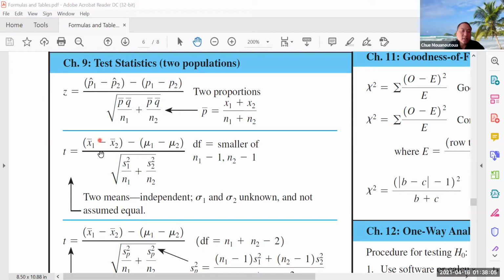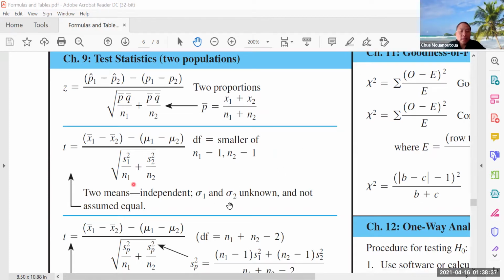So this is just the way you assign which sample you are talking about. Like you can make x1 for weights and x2 for distances. Or you can make x1 males and x2 females. So it depends on the problem.